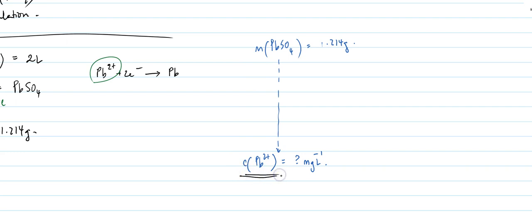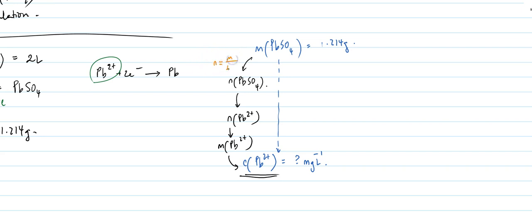Either way works. From mass of lead sulfate, I can easily work out number of moles of lead sulfate, and then I can use that to work out number of moles of lead ions, and then mass of lead ions, and then with the mass of lead ions, I can work out the concentration. I'll write in between all the steps the things that I would use.